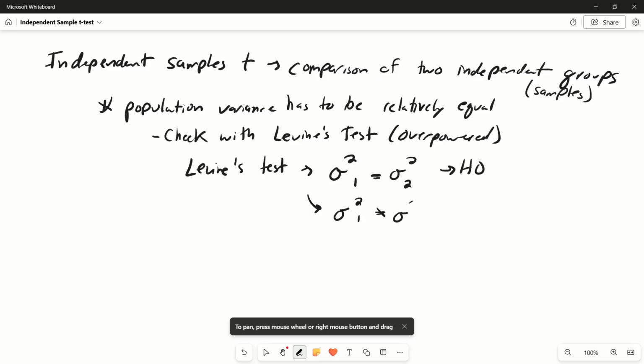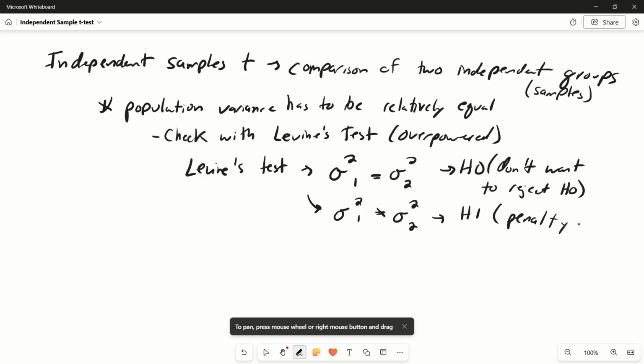And that creates a problem, right? So you don't want to reject the null for Levene's test. This is the rare situation where you don't want to reject the null, because then you have to deal with the variances not being equal. And if they're not equal, there is a penalty.